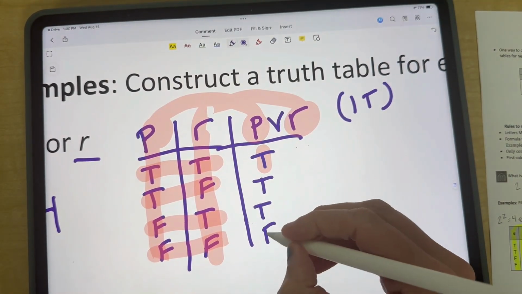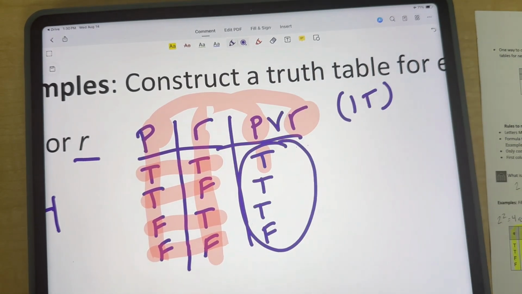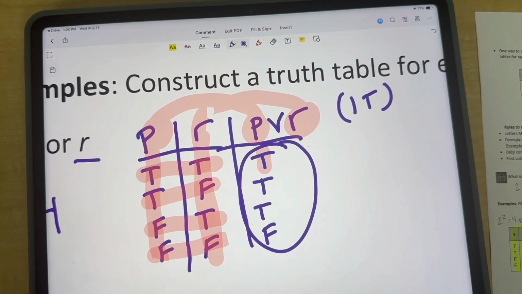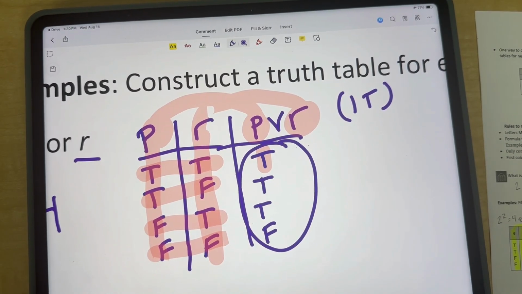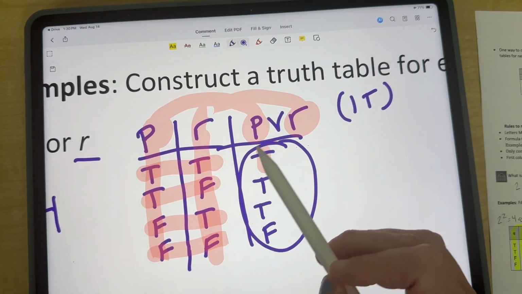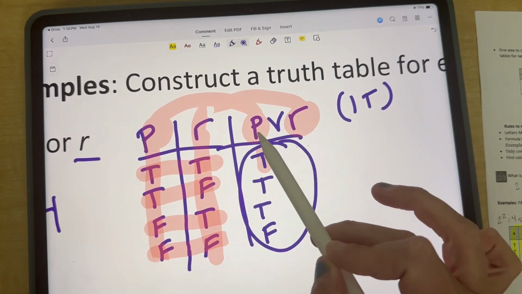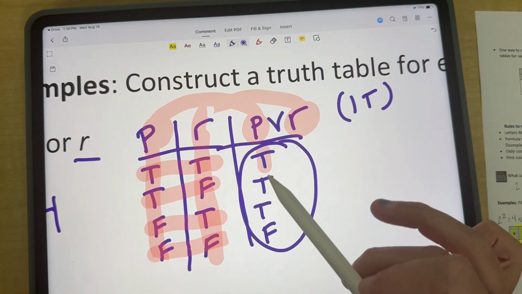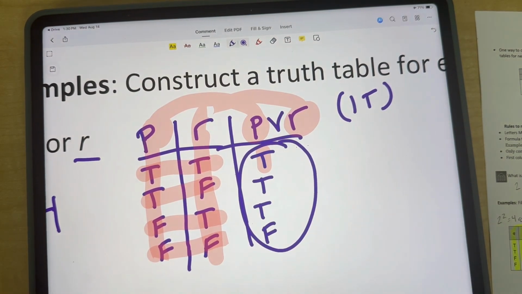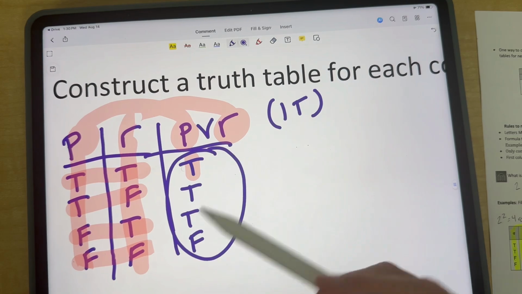No. And this is your final answer. TTTF. So on a test, this is what I need to see for it to be correct. Okay. So all this is saying is that if I want P or R to be true, either or, how often does that happen? 3 of the 4 times it would happen. One of the statements would be true. Remember, and is both are true, or is just one has to be true.